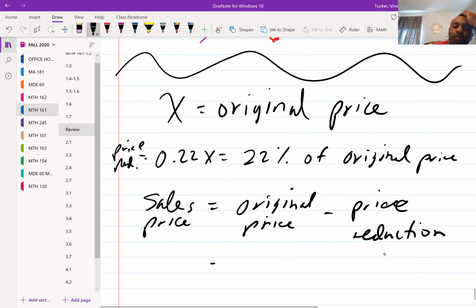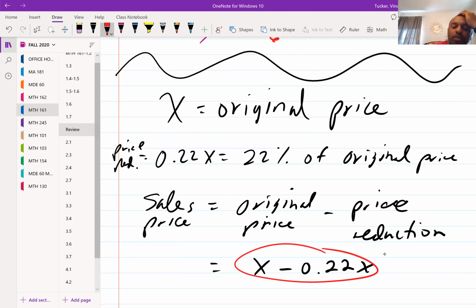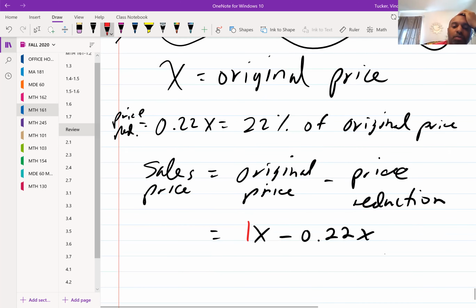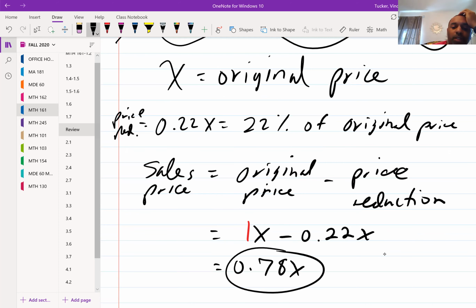So that means the sale price is going to be equal to X minus 0.22X. Now, these are like terms because there is a 1 sitting in front of X. So that's 1 minus 0.22, which would be 0.78X. So you should be able to put 0.78X in for that question.